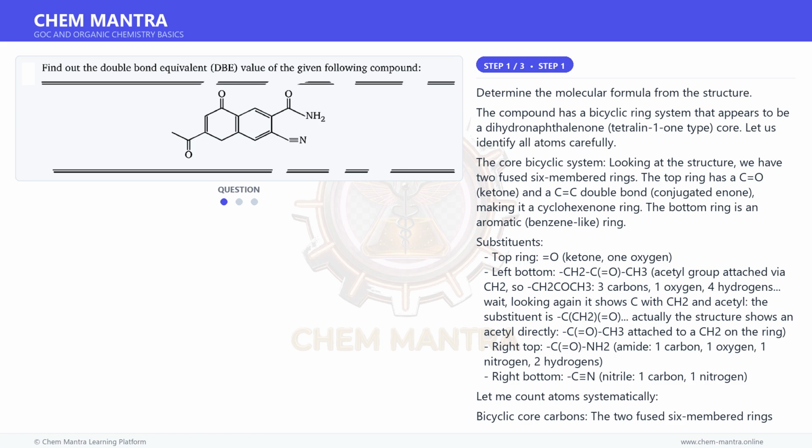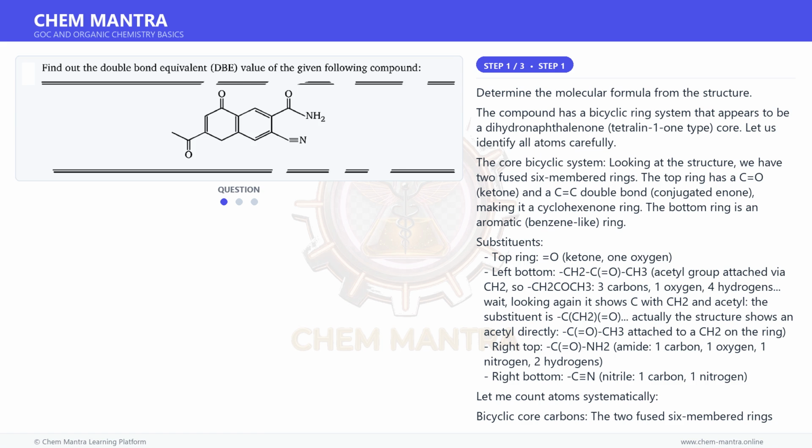Acetyl group, CH2C=O CH3: the CH2 connects the ring carbon to the acetyl carbon, so CH2, C=O and CH3 make 3 carbons outside the ring. Amide, C=O NH2, is 1 carbon. Nitrile, CN, is 1 carbon. Total carbons: 10 ring, plus 3 acetyl chain, plus 1 amide, plus 1 nitrile, equals 15 carbons.